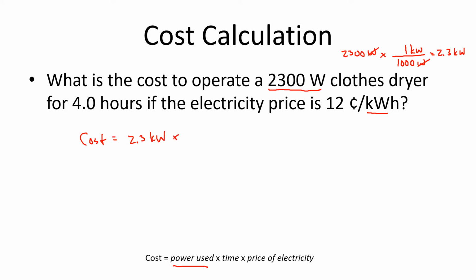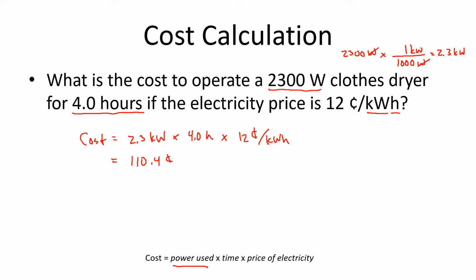Then we're going to multiply it by the amount of time. Because we get charged in kilowatt hours, we're going to leave it as hours, so 4.0 hours. And then we multiply by the price, 12 cents per kilowatt hour. Now to put all this together, 2.3 times 4.0 times 12 is, I get 110.4 cents. 110.4 cents to run the dryer for 4 hours.